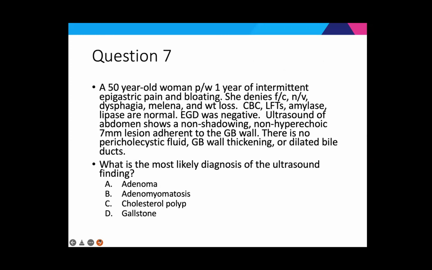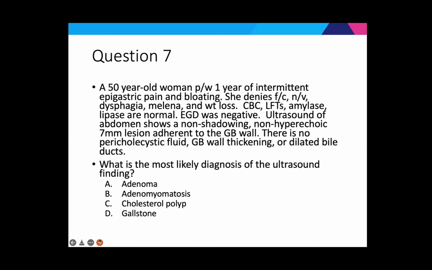Okay, question number 7. This is a 50-year-old woman who presents with 1 year of intermittent epigastric pain and bloating. She denies fever, chills, nausea, vomiting, dysphagia, melena, and weight loss. CBC, LFTs, amylase, and lipase are normal. Endoscopy was negative.